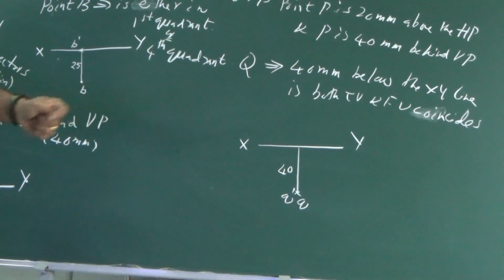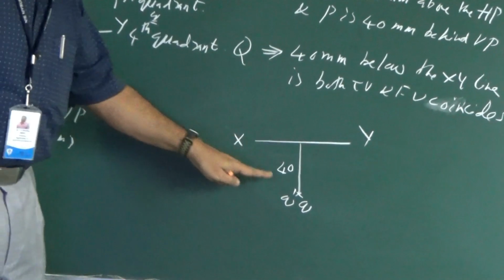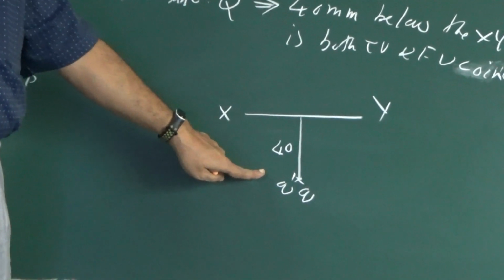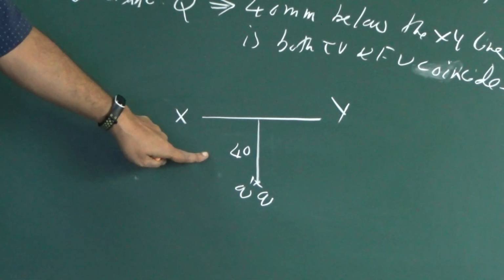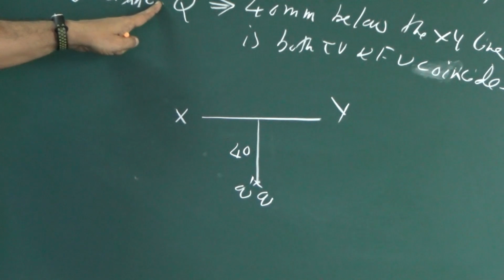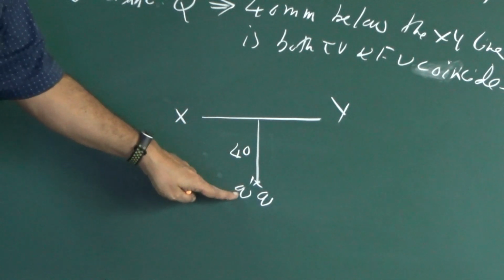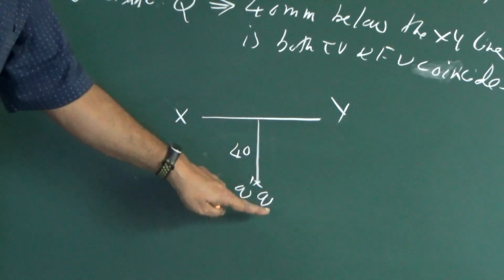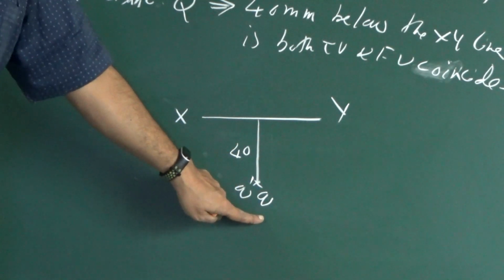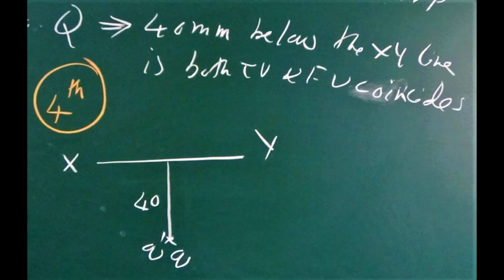Now you can clearly tell me, this point is in which quadrant? This point Q is in the fourth quadrant. Not only that, the point Q is 40 mm below the HP and 40 mm in front of VP. Understood?